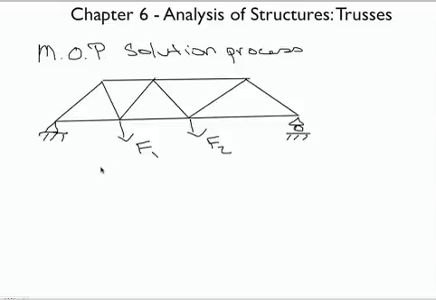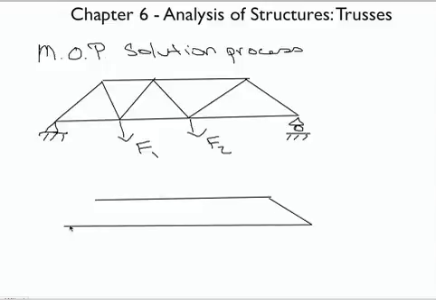So the global free body diagram basically just looks like this. We're going to ignore all the internal structure and only look at the equilibrium of the exterior.